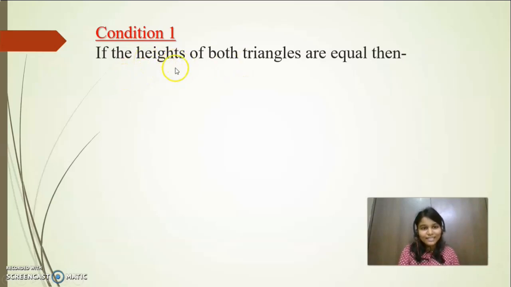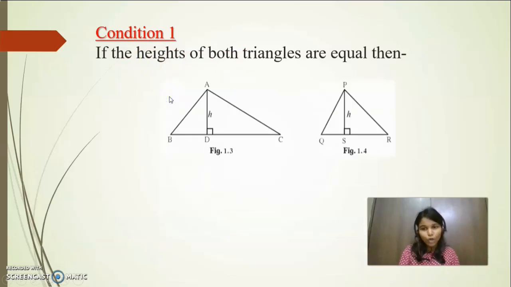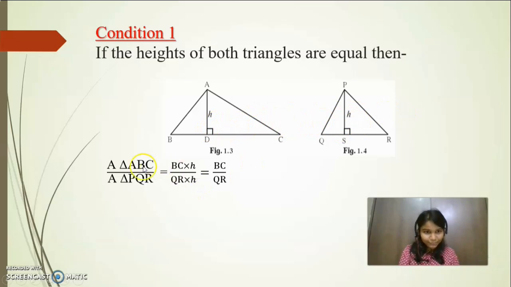For understanding this concept, let us take an example of two triangles. Now you can see two triangles on your screen, triangle ABC and triangle PQR. Both these triangles have height h, means both have the same height. So let us see what happens.